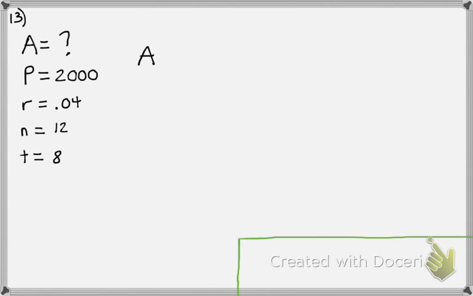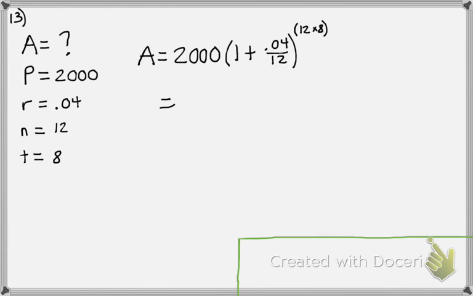So A is going to be equal to 2,000 times 1 plus 0.04 over 12, and that's all in parentheses, and then I'm raising that to the 12 times 8, and you should get 2,752 and 79 cents.